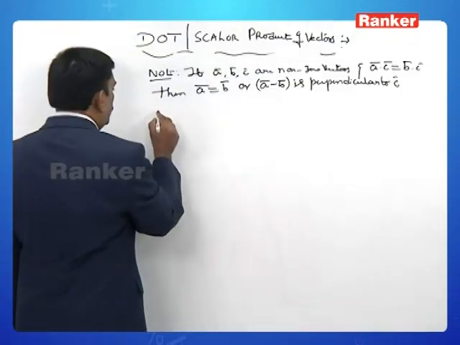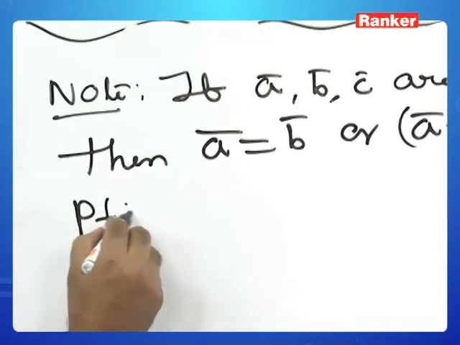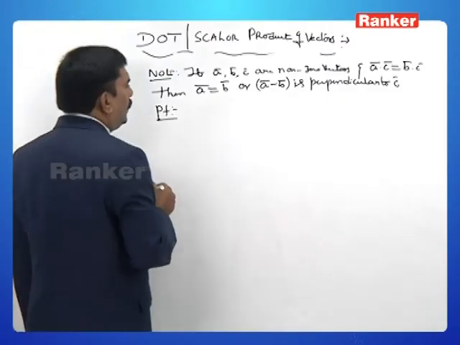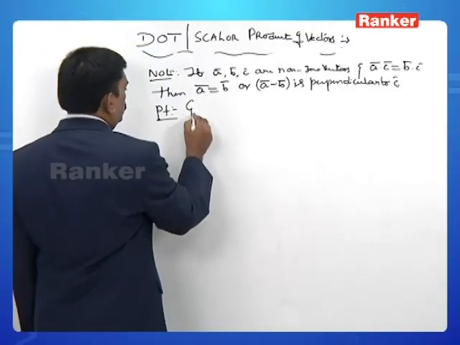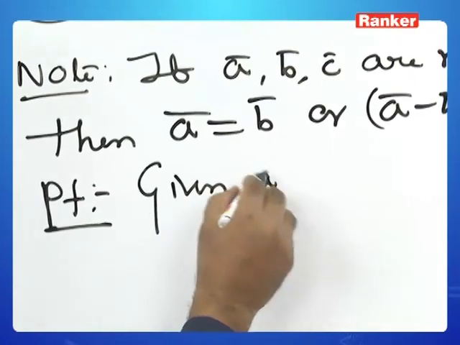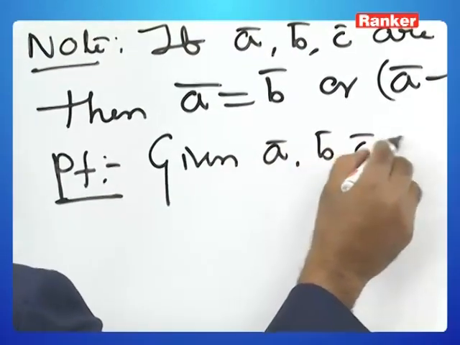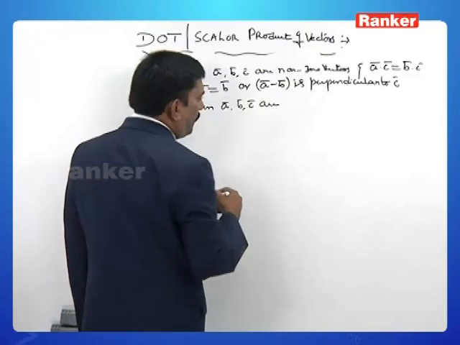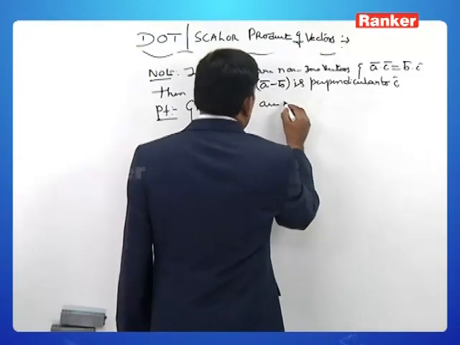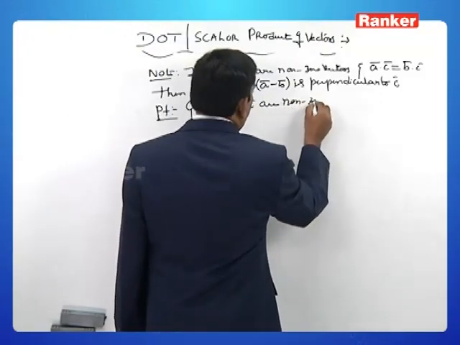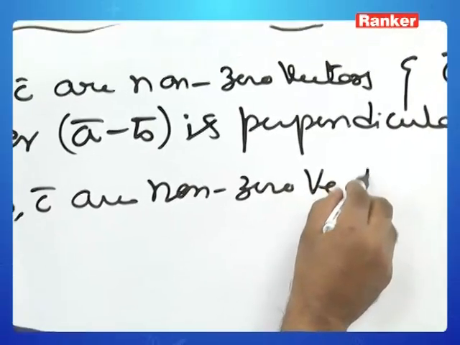We have to prove that. Now, given A bar, B bar, C bar are non-zero vectors.